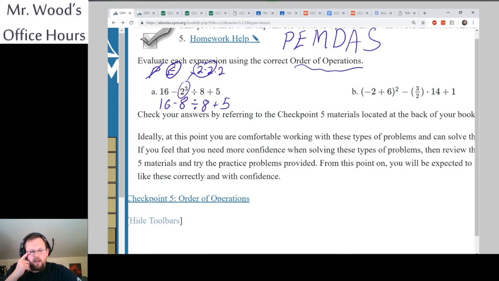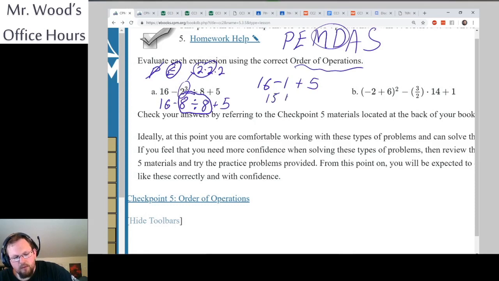And then you have to be careful with this one because you have to go back to order of operations and realize that you're doing multiplication and division now. So you have to do the division of this 8 divided by 8 first, which gives you 1. So then you have 16 minus 1 plus 5, and so that gives you 15 plus 5 to get 20.